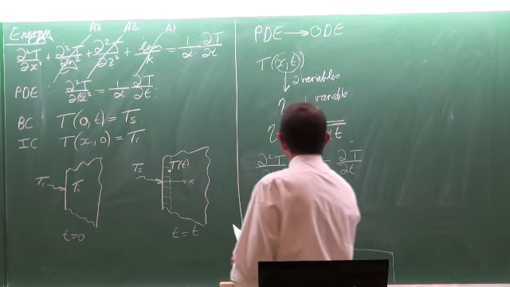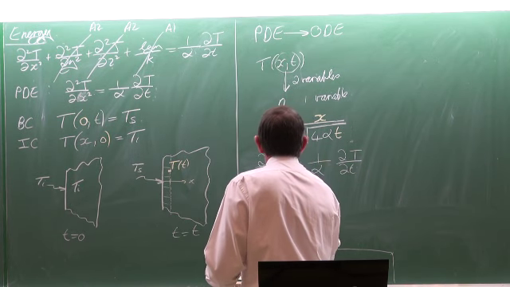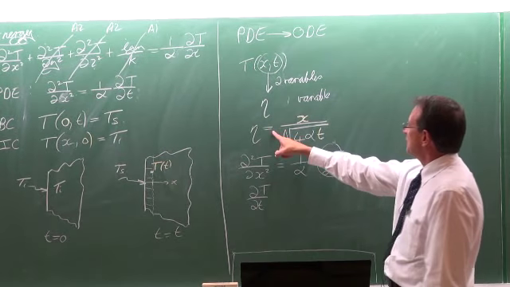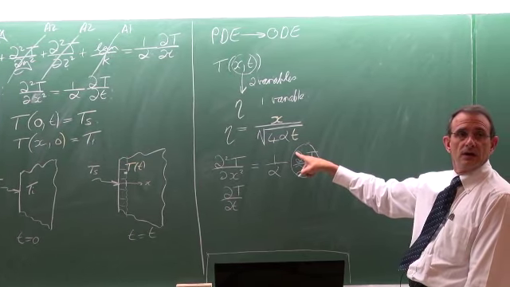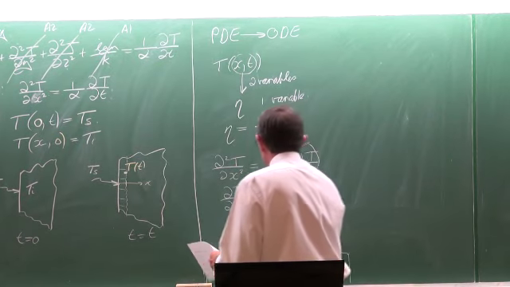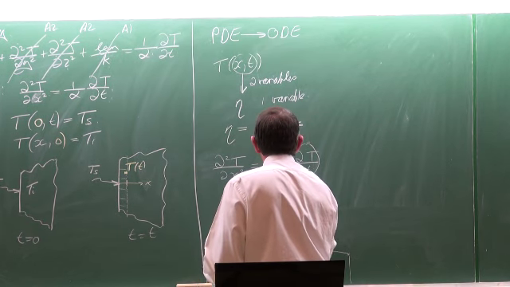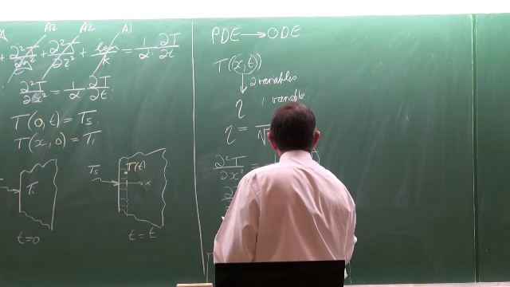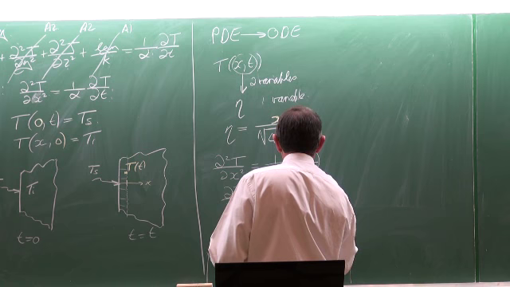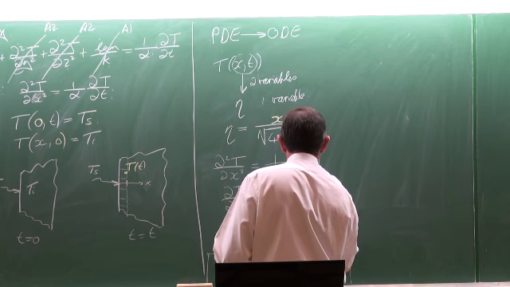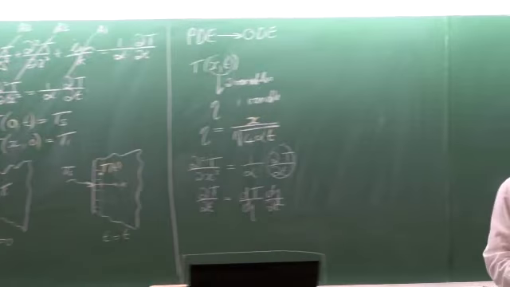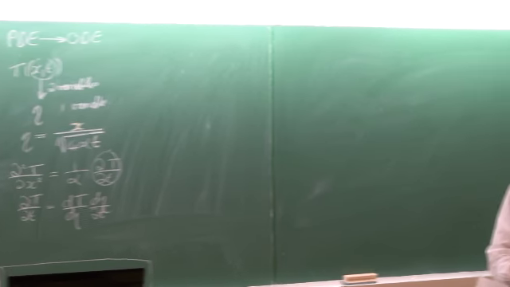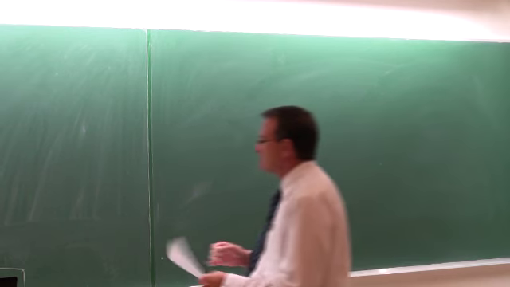And now let's go and look at dT/dt, this term, in terms of eta. Okay. What we can do is we can make use of the chain rule and say it is equal to dT/d eta multiplied by d eta/dt. Do you agree?